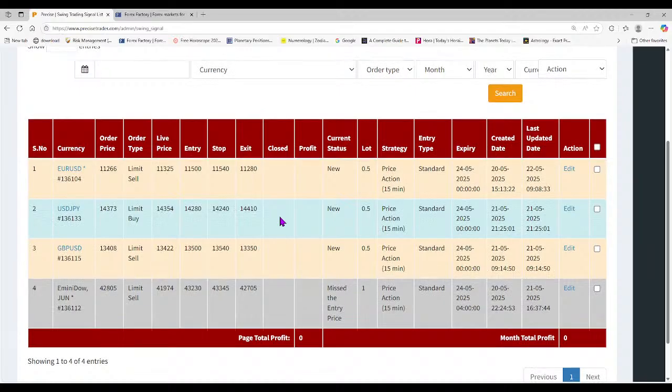Then the next one, we can go for a buy. For today, we go for a buy at 11310 and try to exit at 11340, because right now the range is between these levels.